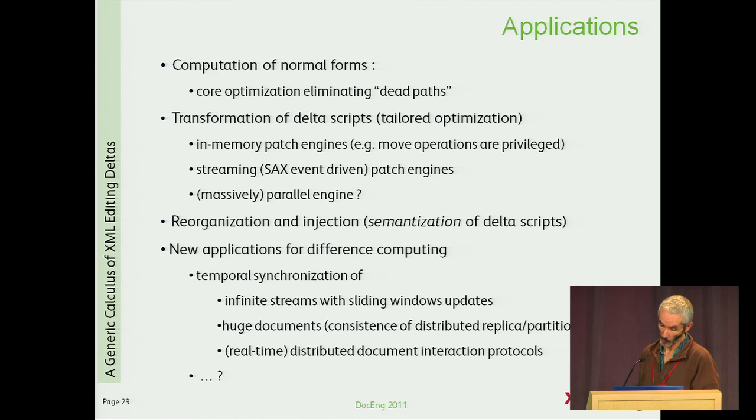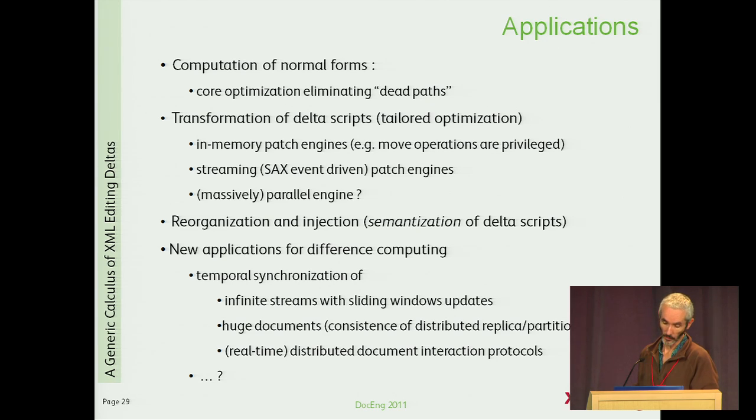Now we would like also perhaps to transform the scripts in order to add information directly and to gain some time and some efficiency in processing. And also probably there will be a new application for difference computing.